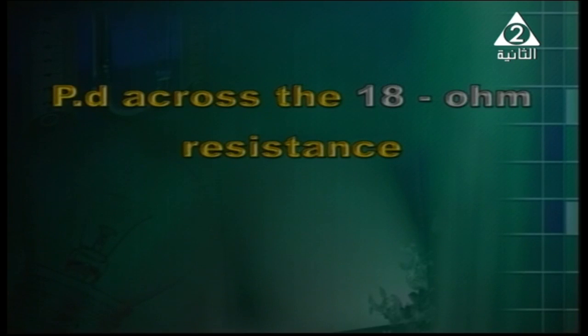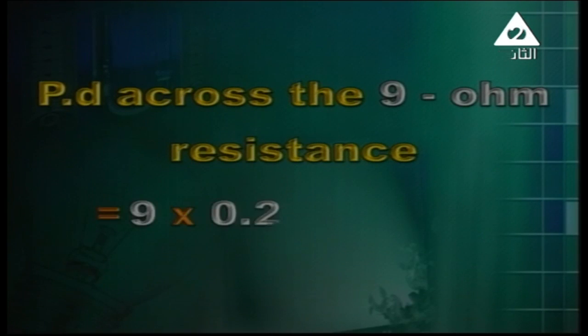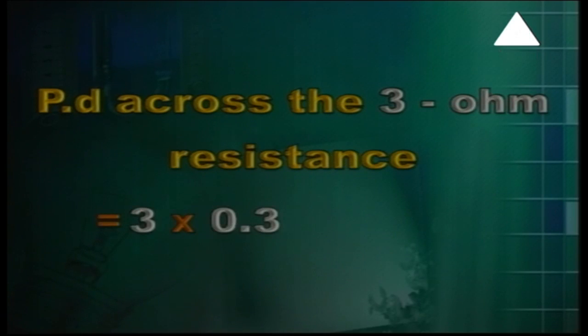Okay, so potential difference across the 18 ohm, it is 18 times 0.1, it is 1.8 volt. Potential difference across the 9 ohm resistance, it is 9 times 0.2, it is 1.8, same voltage, so they must be connected in parallel. Potential across the 3 ohm resistance, it is 3 times 0.3, 0.9.